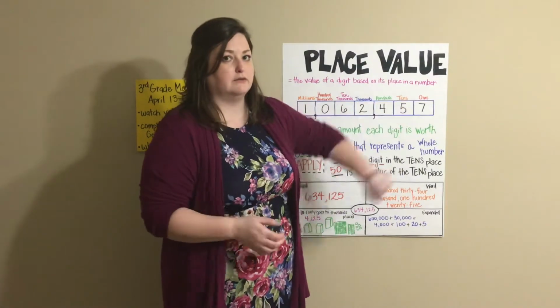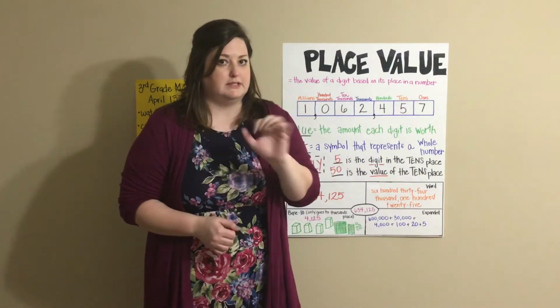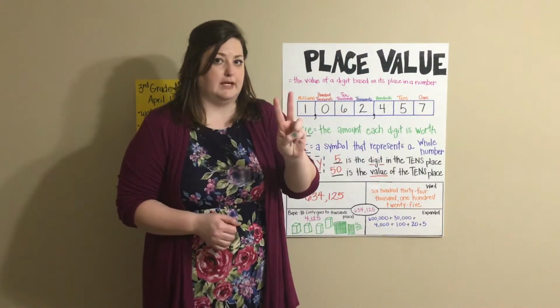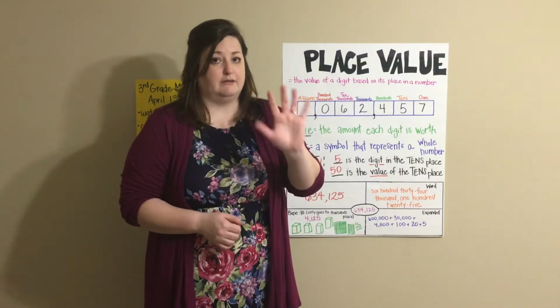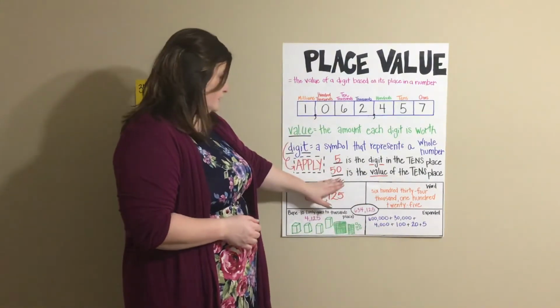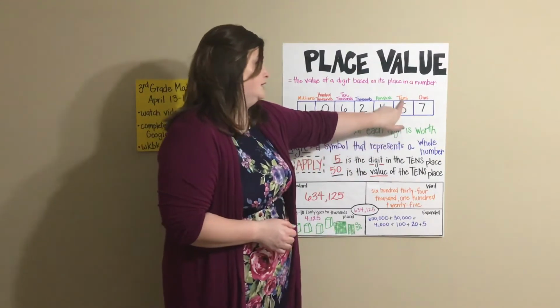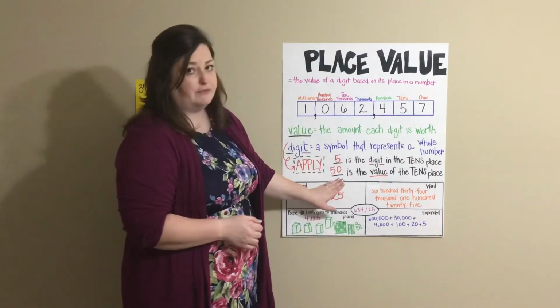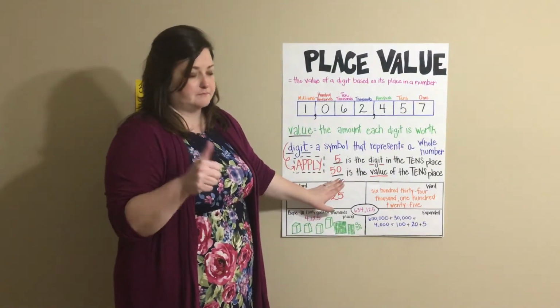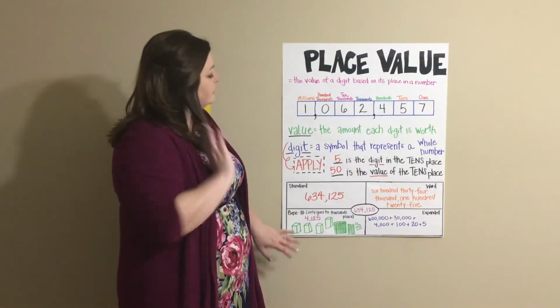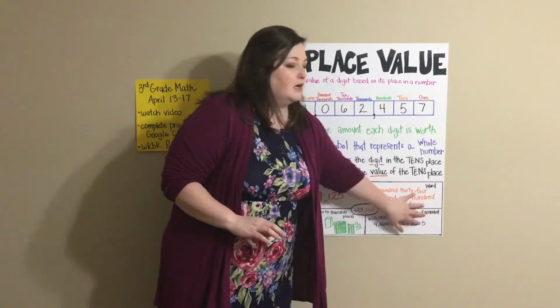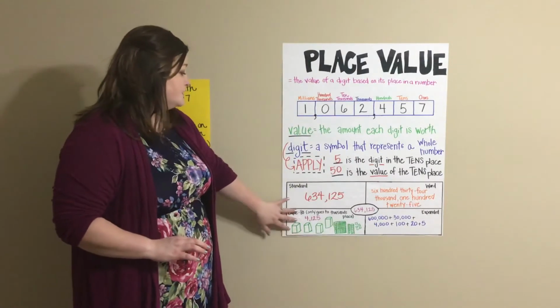So we would count 5 tens, 10, 20, 30, 40, and 50. So my value of that 5 in the tens place is 50. Got it? Okay.